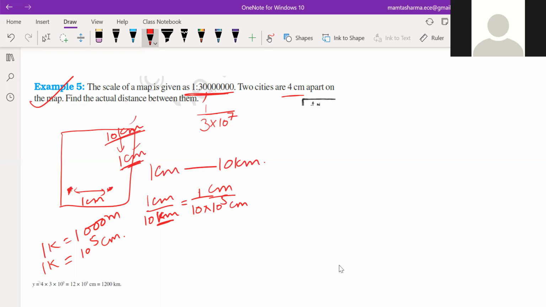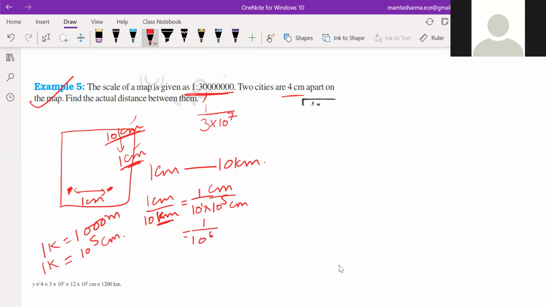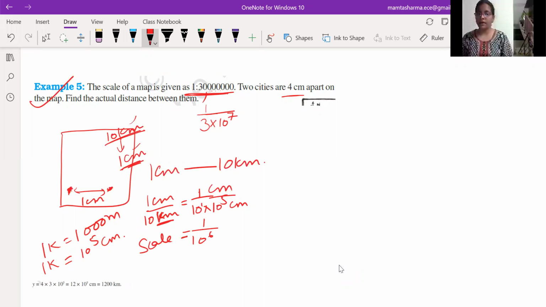So it is 10 into 10⁵, which is 10⁶, because there are 6 zeros.